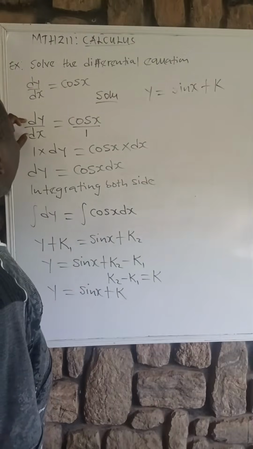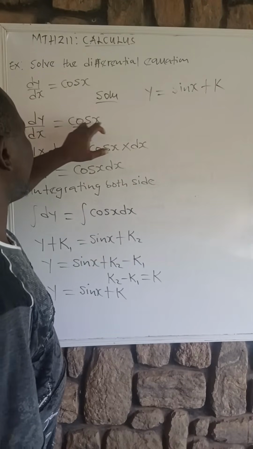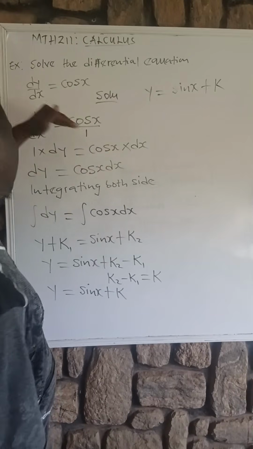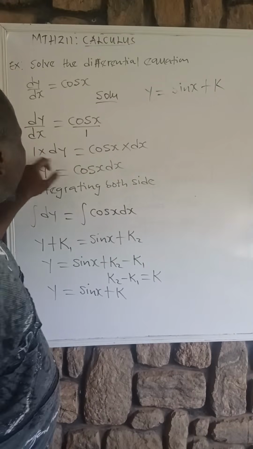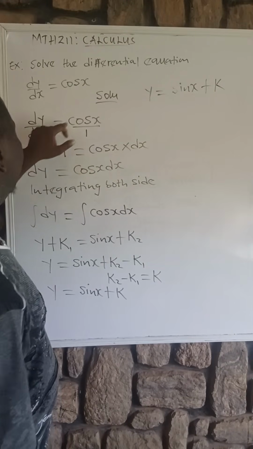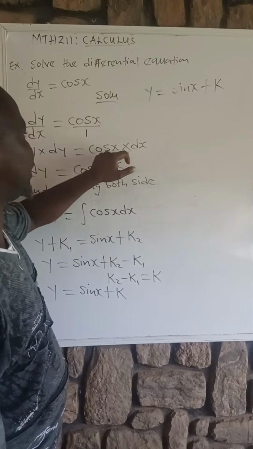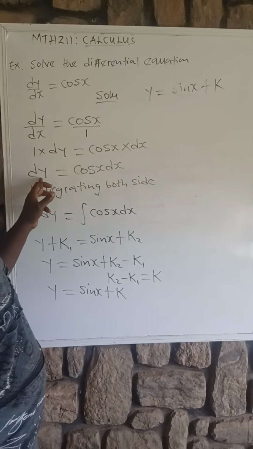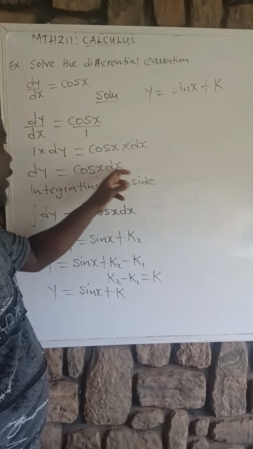But here we have the 1 over dx, then here is cos x, but note that there is an invisible 1. So you just apply cross multiplication. Use this to multiply this. That is why you are seeing 1 times dy. Then use this to multiply. That is why you are seeing on the right hand side cos x times dx. So 1 times dy is dy, equals to cos x times dx.